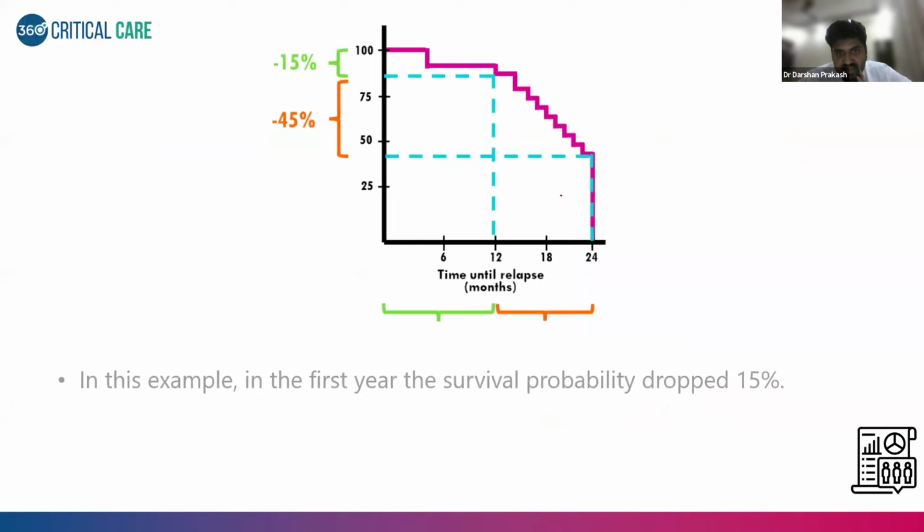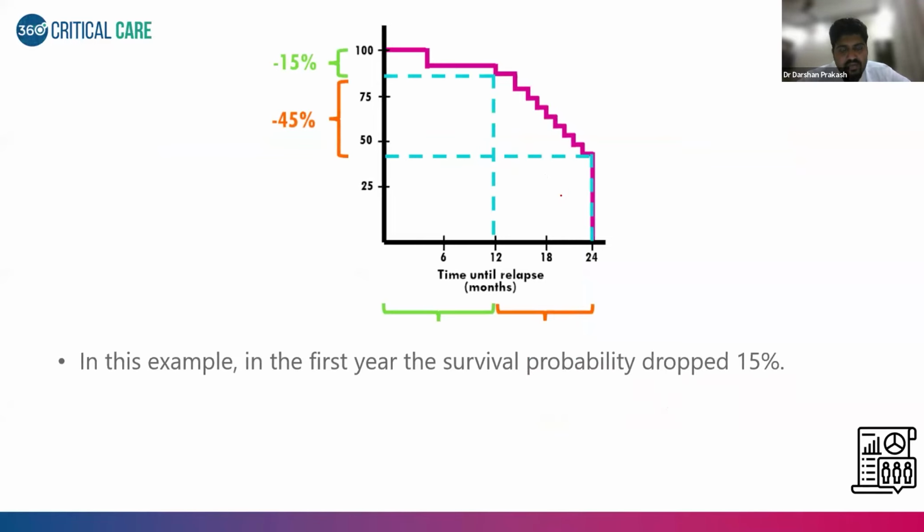So coming to this example here, we'll take first year survival probability. For any case for that matter, probably you take a relapse of a cancer. What will usually happen in the first year, at the end of 12 months? You see the survival probability dropped by 15%, roughly between 75 to 100. So we are taking it as 85 here.